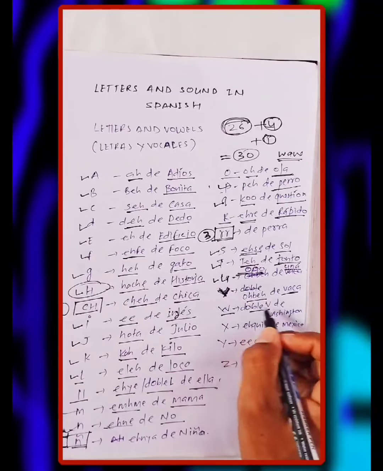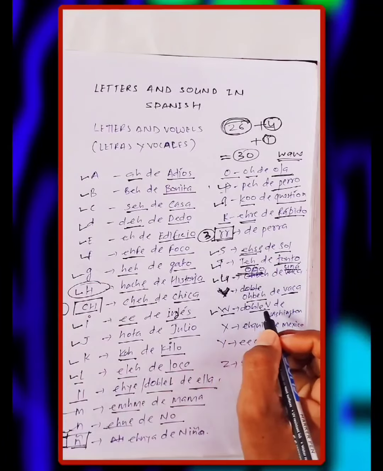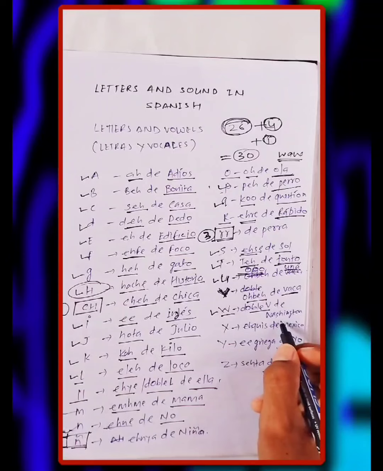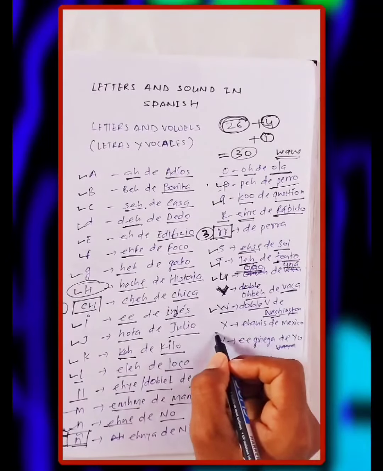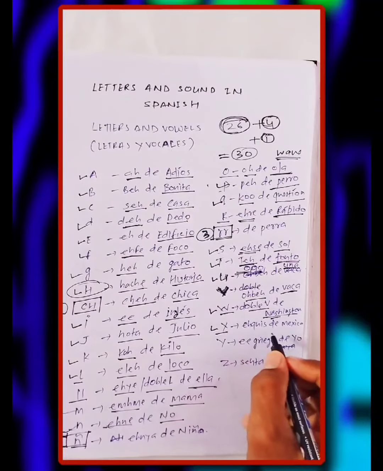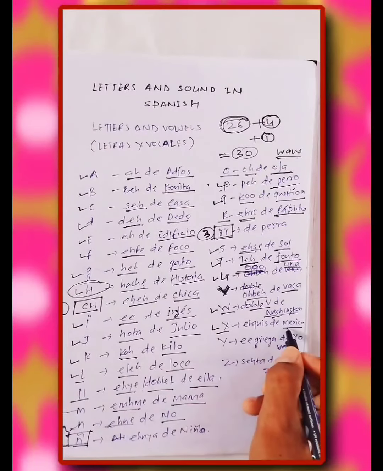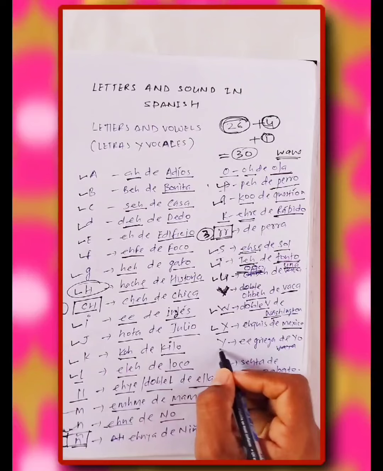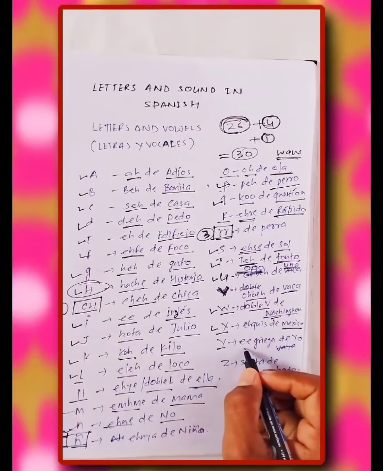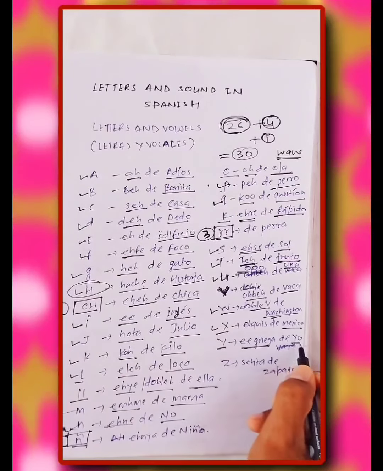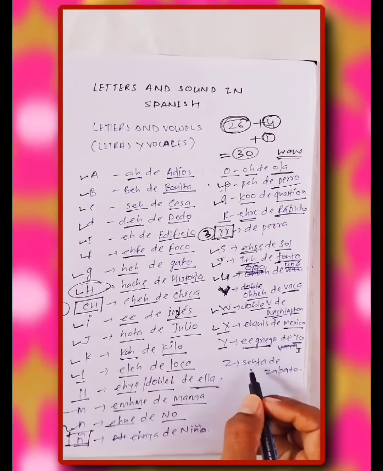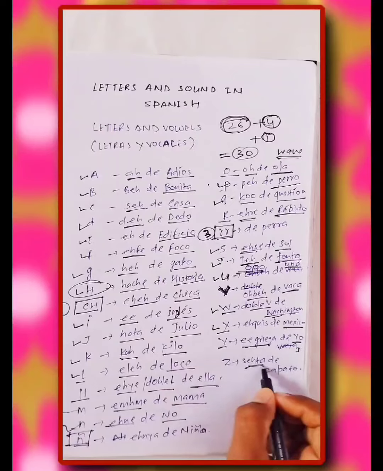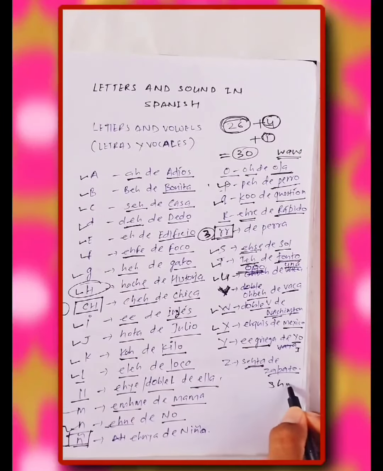W will be pronounced as "doble ve", de Washington. X will be pronounced as "equis", de México. Y will be pronounced as "i griega", de yo means I. Z will be pronounced as zeta, de zapato means shoes.